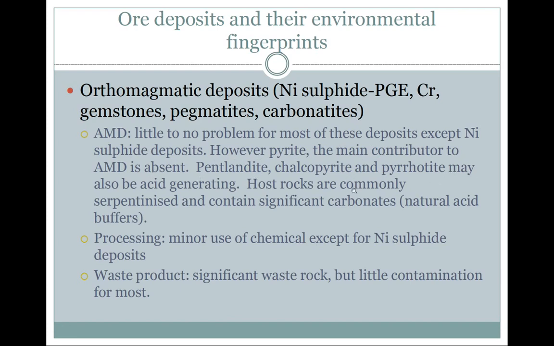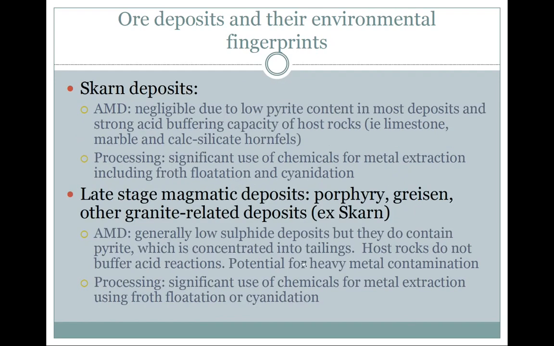Pentlandite, chalcopyrite, pyrrhotite may also be acid generating. And the host rocks might contain significant carbonates, which are natural acid buffers. In terms of processing, minor uses of chemicals, except for nickel sulfides, and the waste product, significant waste rock, but little contamination for most. So we might be more wary about erosion and rehabilitation of the ecosystem.